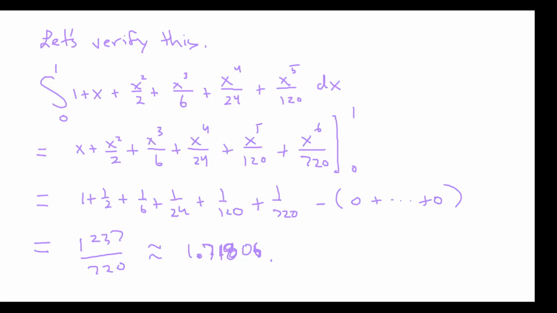Now what we want to do is integrate the actual function. So now I'm going to integrate e to the x from 0 to 1, which is e to the x. And when you plug this in, you get e to the 1 minus e to the 0, which is e minus 1.